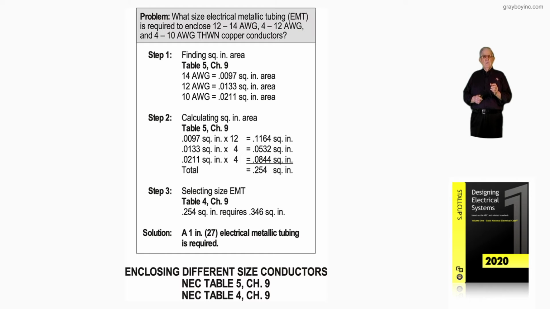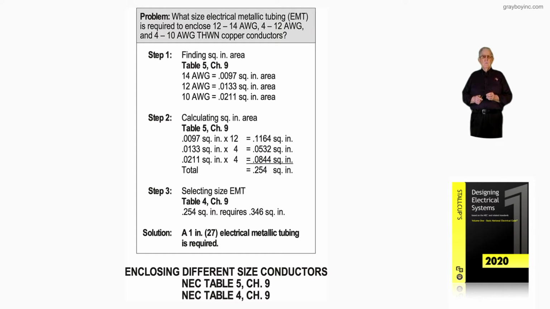So Step 2, we have 12 number 14, so when we take 0.0097 times 12, we come up with 0.1164. The number 12 there, we have 4 of those, so 0.0133 times 4 gives us a total of 0.0532.